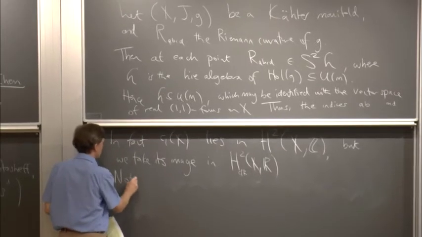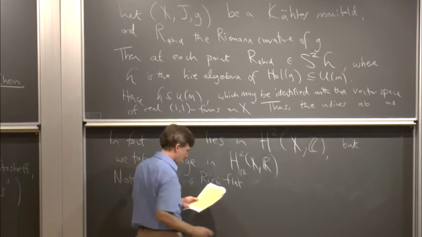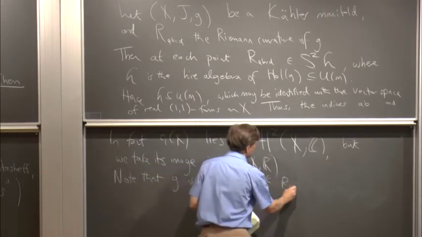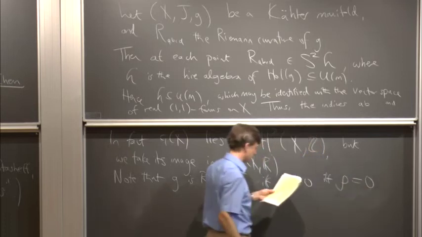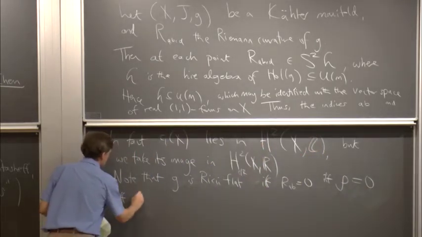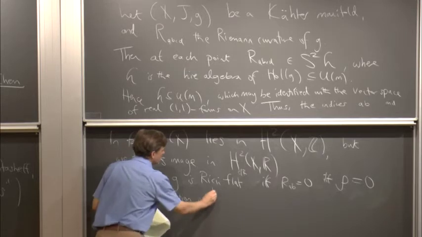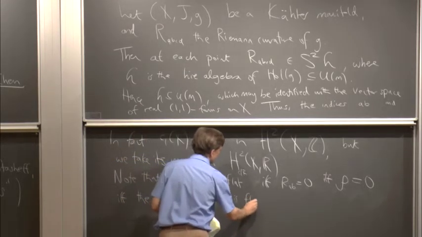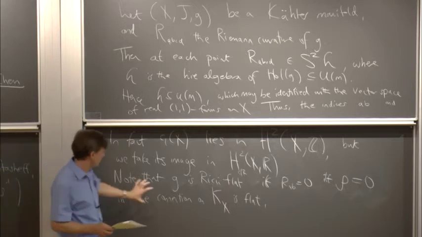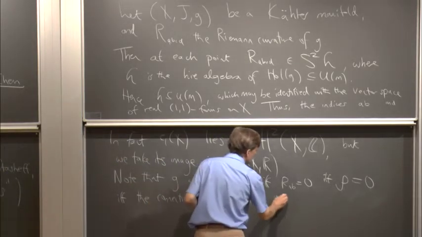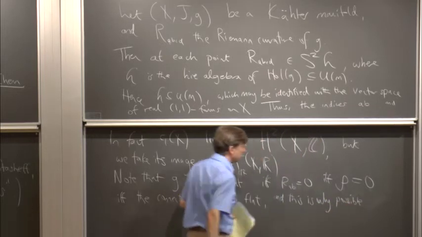Okay, so also note that g is Ricci flat if and only if R_ab equals 0, if and only if the Ricci form rho is 0, if and only if the connection on K_X is flat, because curvature being 0 just by definition means that the connection is flat, and this is only possible if C1 of X equals 0.